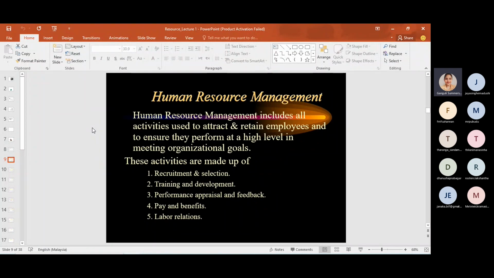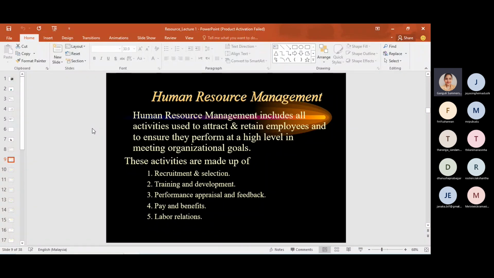So when it comes to human resource management, recruiting and retaining are both equally important. It is very important to recruit or hire employees. At the same time, it is equally important to retain them as well. And in human resource management, we also should ensure that everybody performs well.